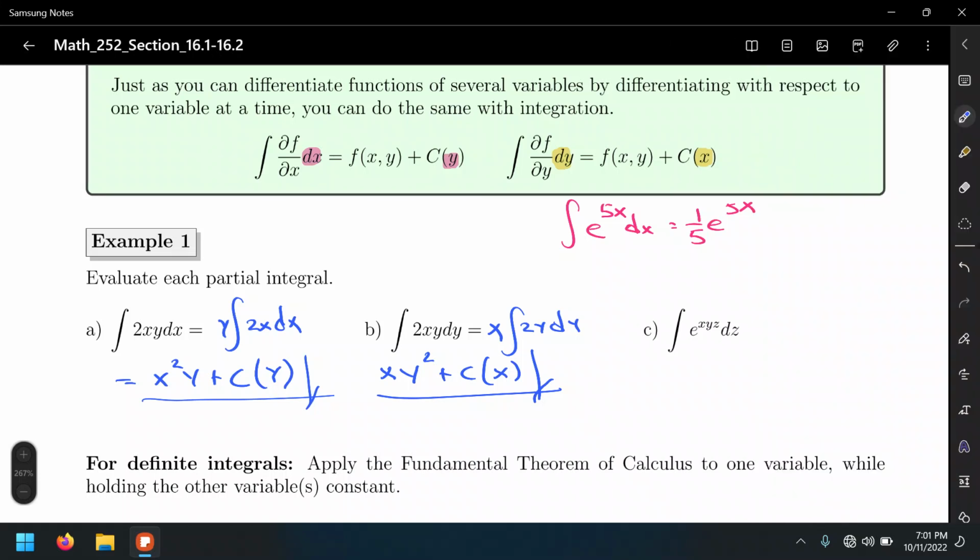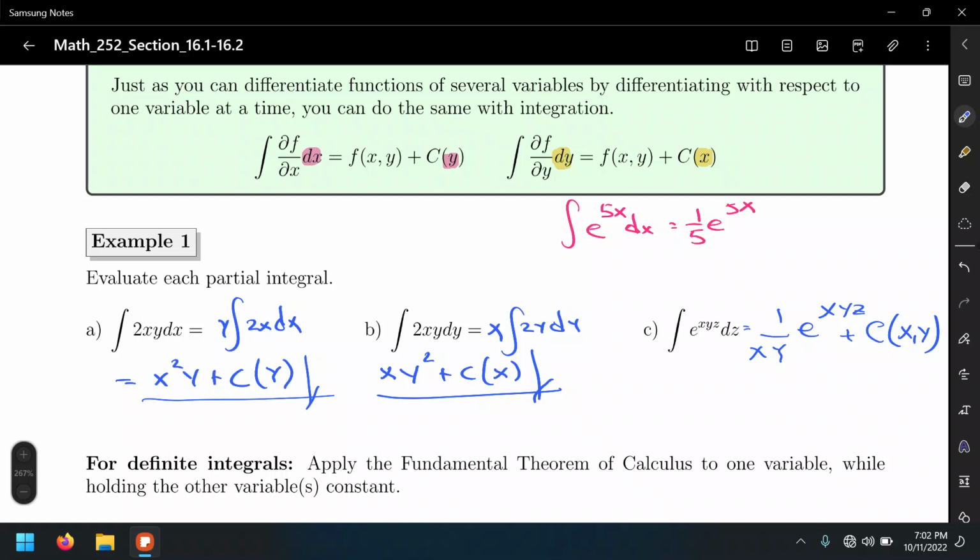That means that's equal to e to the x y z times, instead of 1 over 5 like in the side example, 1 over x y. But in this case, the constant of integration will include all the variables that we do not include in the integration. So since we integrated with respect to z, this c will be a function of x and y.